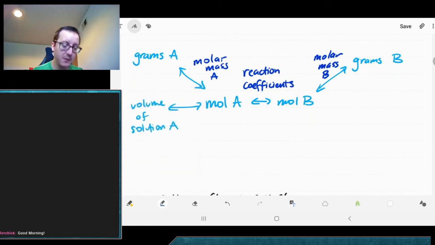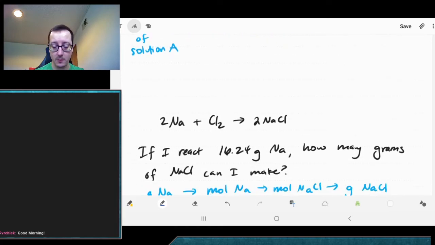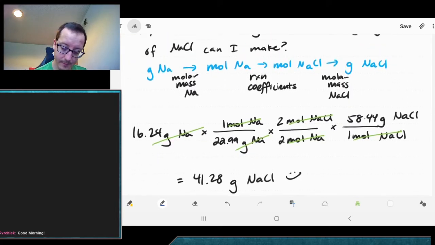Do we remember how to go between volume of a solution and moles? Hopefully we do. Remember, that's something called molarity. So, okay, let's go ahead and see this as an example.